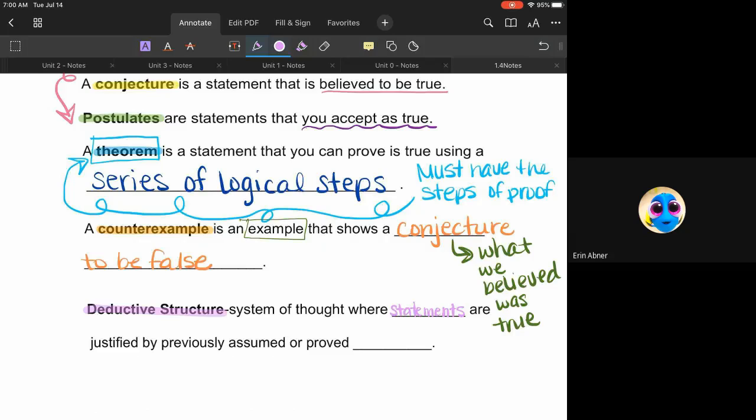I would say proven because proved sounds kind of silly. Now, these are the things that we're going to take note of with this.